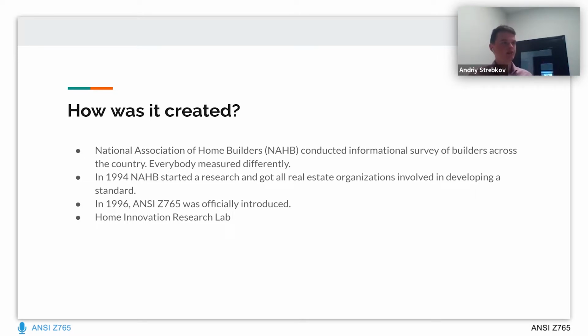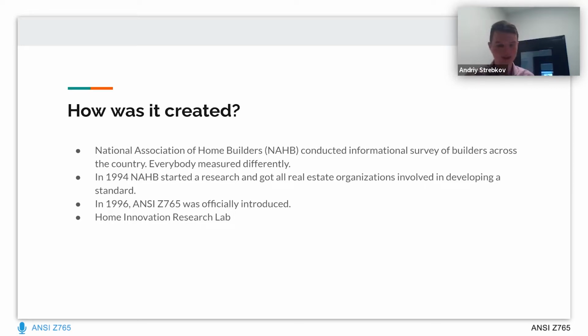So in 1994, the National Association of Home Builders started the research and got other real estate organizations involved. For example, the National Association of Realtors was involved in this research and the development of the future standard. In 1996, ANSI Z765 was officially born, and it is overseen and developed by the Home Innovation Research Lab.